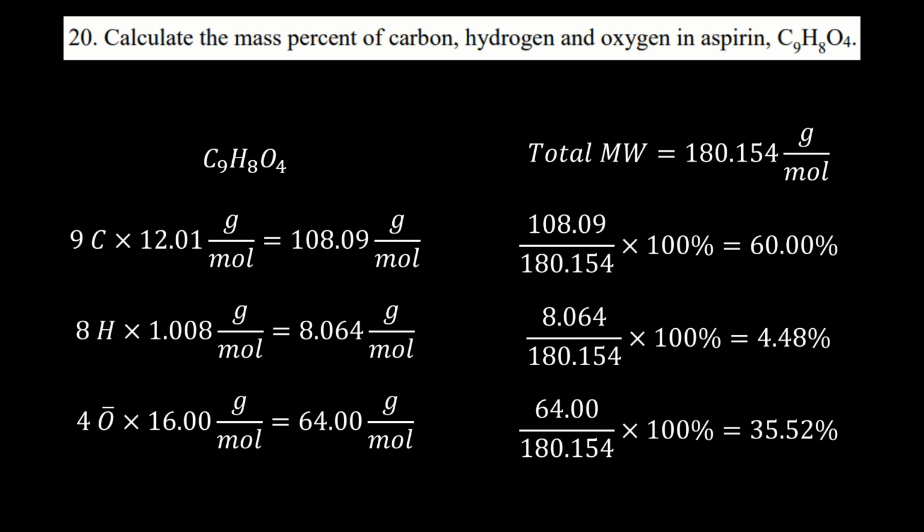And if we take the amount that was just hydrogen, that would be 8.064 divided by 180.154 times 100%. That gets us 4.48% hydrogen by mass. And then 64 divided by 180.154 times 100%.